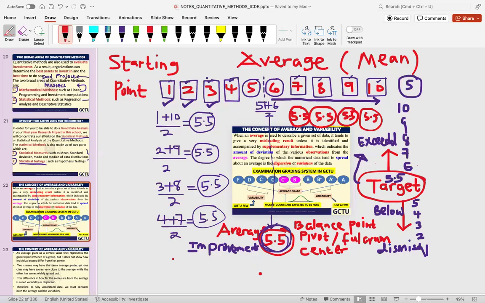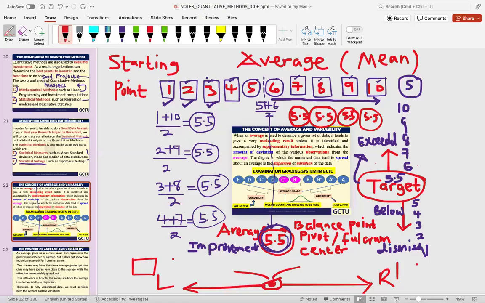And of course, if you have a starting point and there are directions, you can choose to move to the right direction or you can choose to move to the left direction. So the starting point, even though it is important, once you start moving, we should also know where you are going to end.